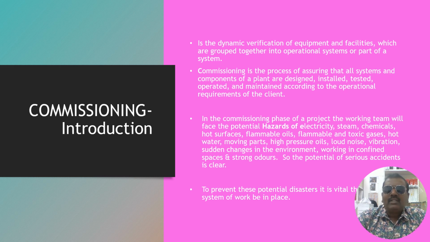So during this type of commissioning activity, what will be the potential hazards? In that plant, there will be potential hazards like electricity, steam, chemicals, hot surfaces, flammable oils, flammable and toxic gases, hot water, moving parts, high pressure oils, loud noise, vibration, sudden changes in the environment, working in confined spaces, and strong odors.